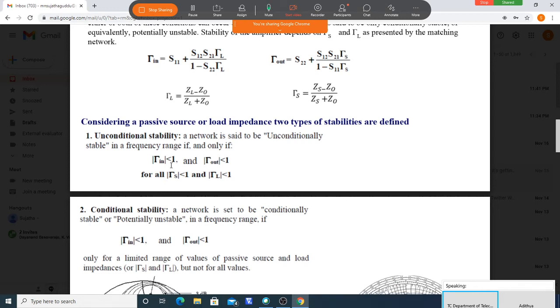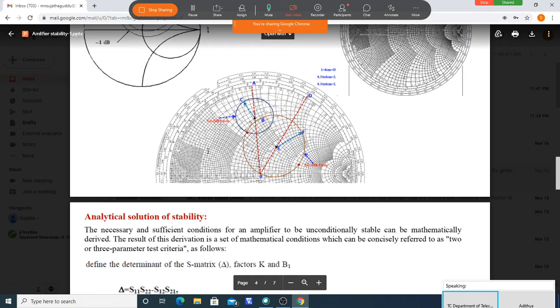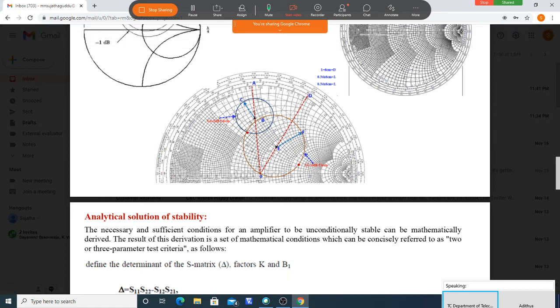Okay, the values of ZIN and ZOUT are always less than 1. The active device is like that. You can take any value over this, because the circle may be anywhere in the Smith chart. Circles may be anywhere while designing the amplifier based on the gain and device.